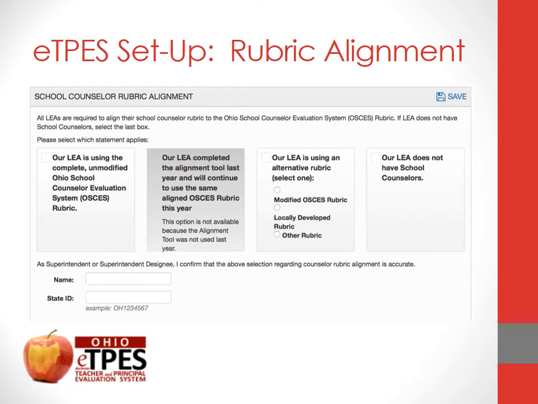If a district chooses to use an aligned rubric rather than the OSES rubric, the district will need to complete the alignment tool. If the district does not employ any school counselors, it can mark that. And then the school counselor tools within ETPES will not be activated for that district.